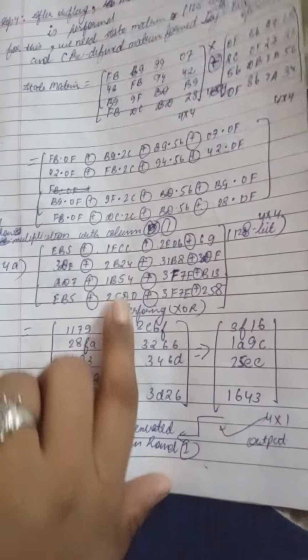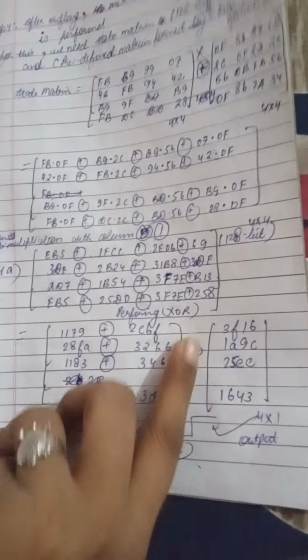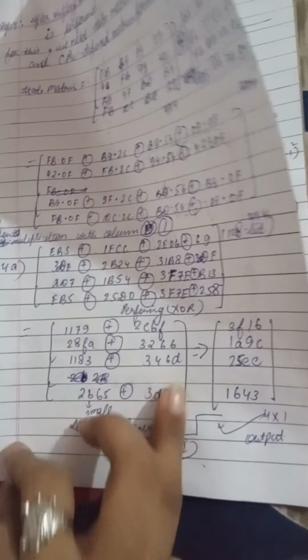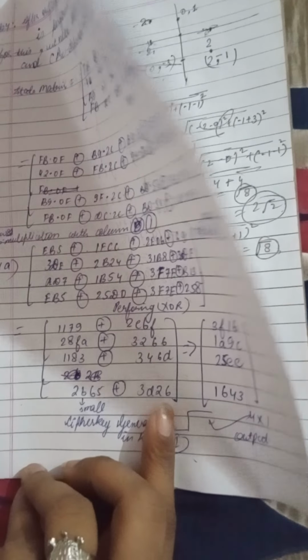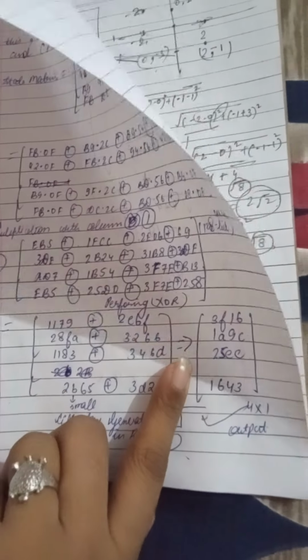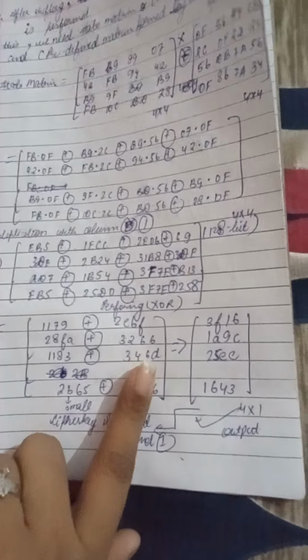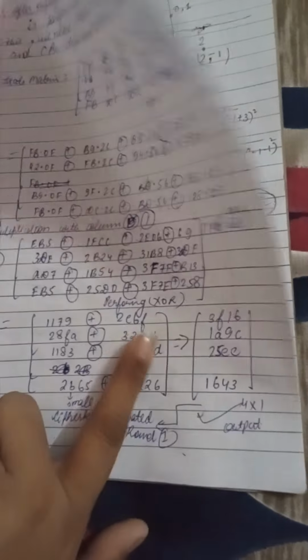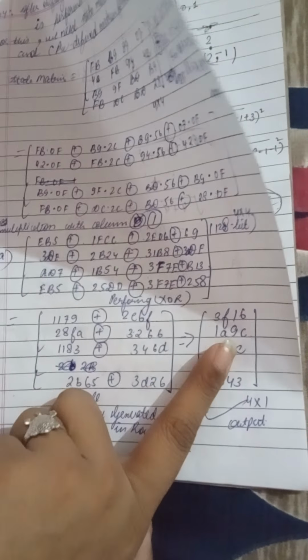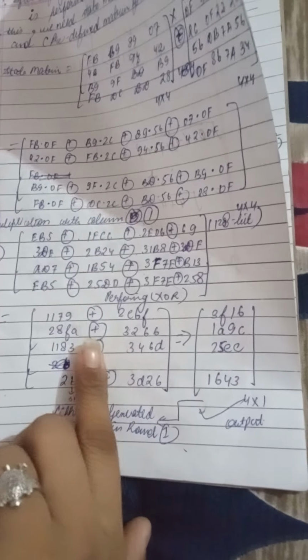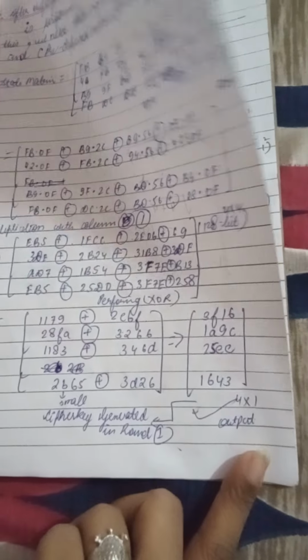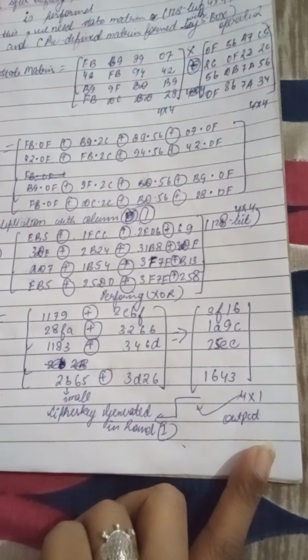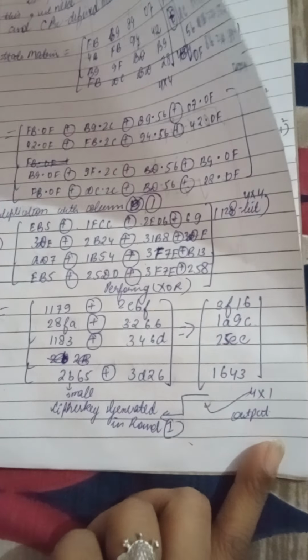So EB5 XOR 1FCC, like this the whole XOR operation will be performed, and we can see at the last only one XOR is left. So finally we are XORing these two elements also. So 1179 XOR this. So finally we can see a 4 cross 1 output matrix in round 0.